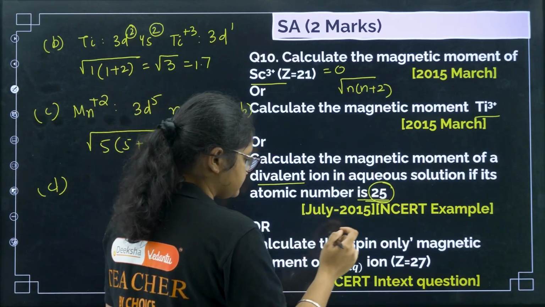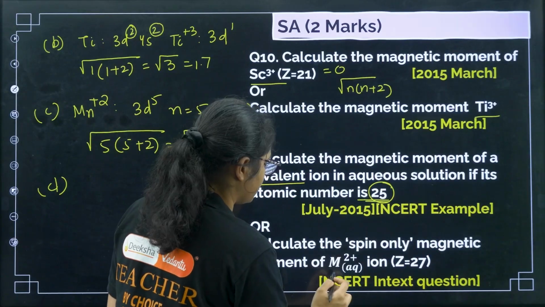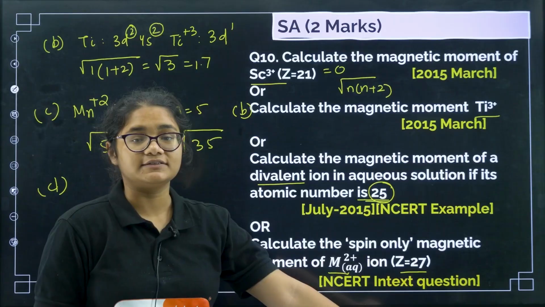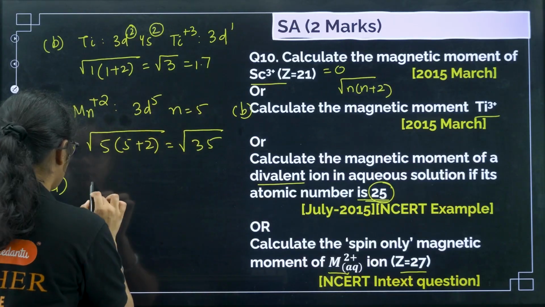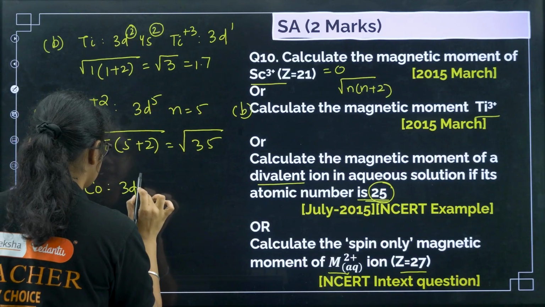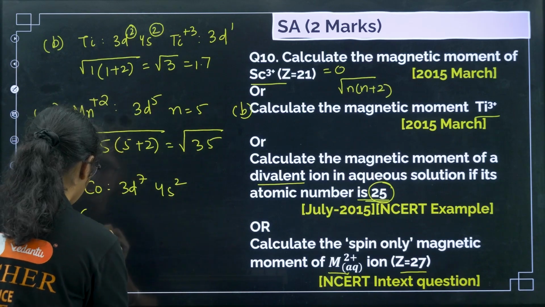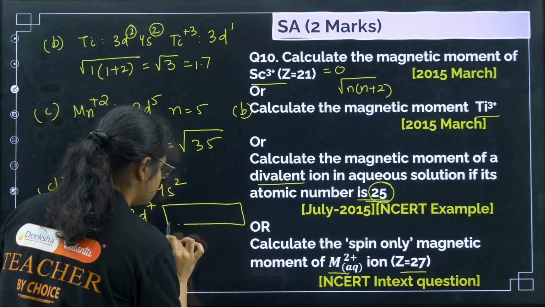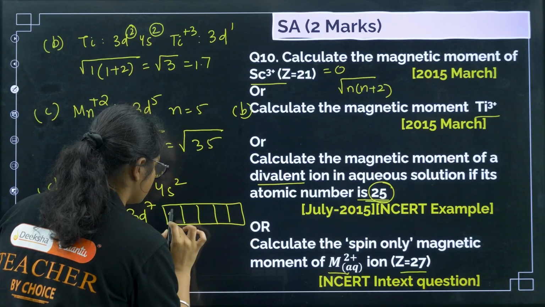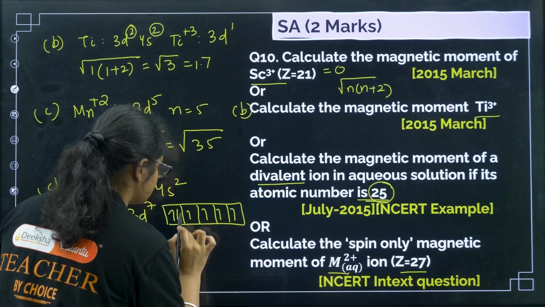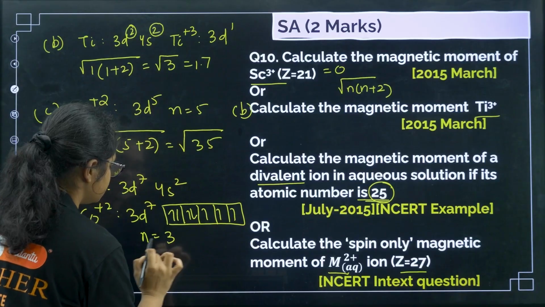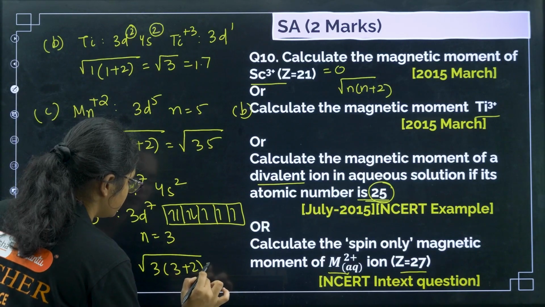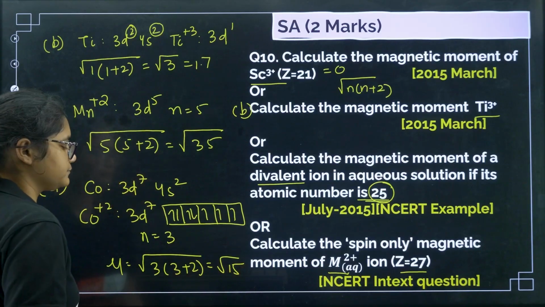Next, calculate the spin only magnetic moment of M2 plus, Z equal to 27. So 27 is cobalt, right? Cobalt is 3d7 4s2. Now Co2 plus is 3d7. If I write the 3d7 configuration, 1, 2, 3, 4, 5, 6 and 7, the number of unpaired electrons is 3. So the magnetic moment will be 3 into 3 plus 2, that is root over 15.